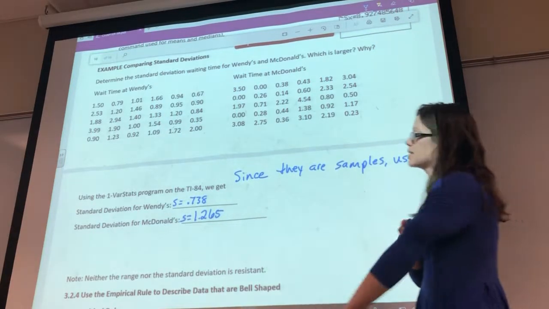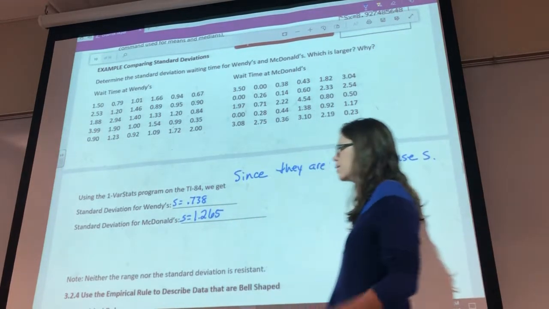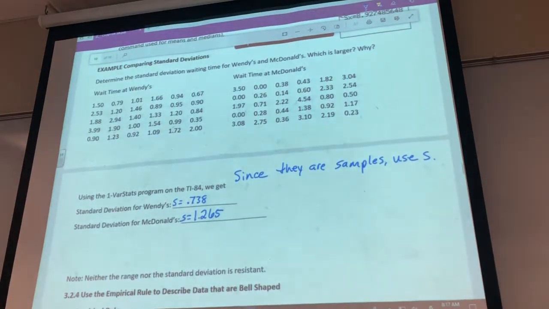All right, so what do these numbers mean? Standard deviation is a measure of spread, so how much variation there is to it, how spread out these things are. So the higher your standard deviation, the more spread out it's going to be. So for this one, since McDonald's has a higher standard deviation, we're going to say that McDonald's data is going to be more spread out on the number line than Wendy's is.